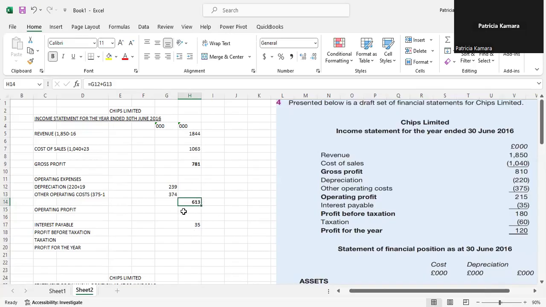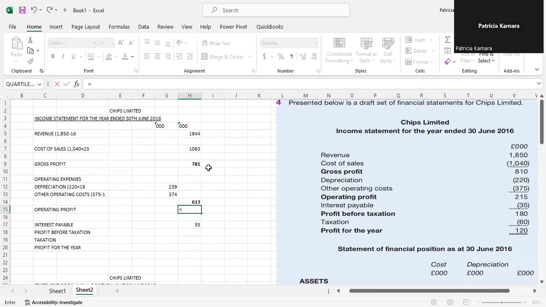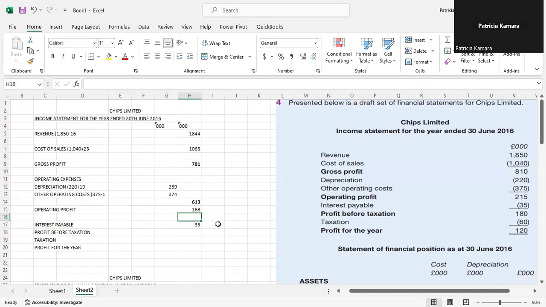So operating profit is gross profit minus operating expenses. Our gross profit now is 781, and then we subtract the total operating expense of 613 from that, and we arrive at 168. So this now becomes our operating profit.